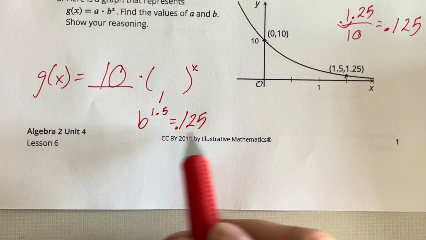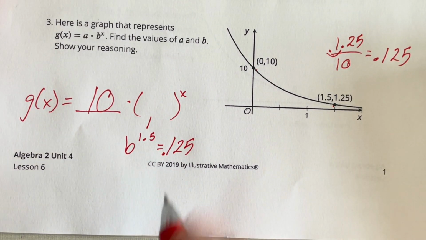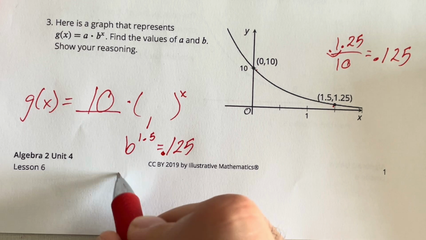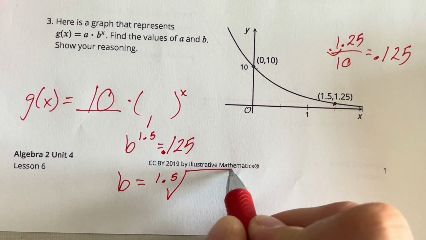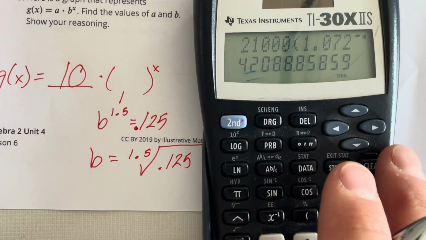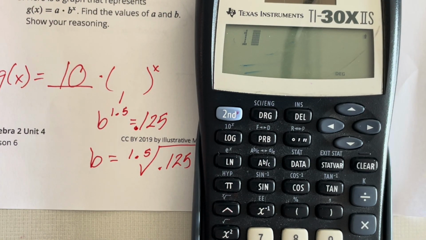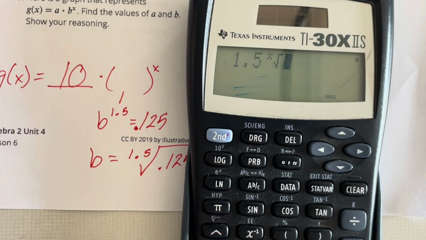That would be the decay factor for 1.5, whatever hours or whatever this is, or days. To find B, we want to take the 1.5 root of 0.125. Okay, so we type in the 1.5th root of 0.125.